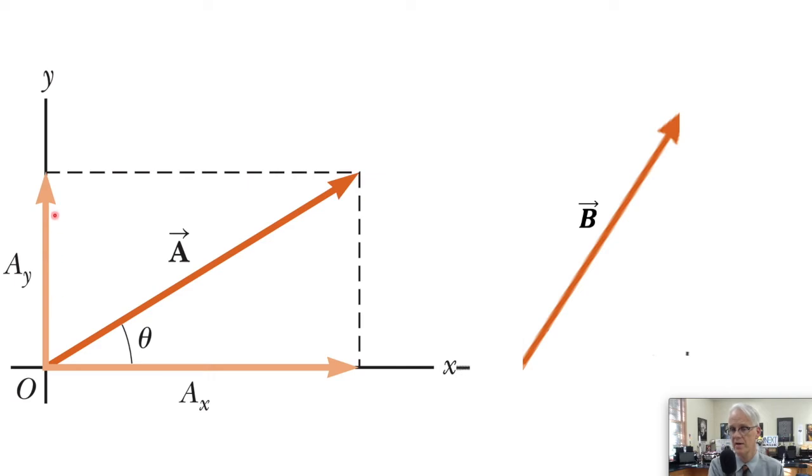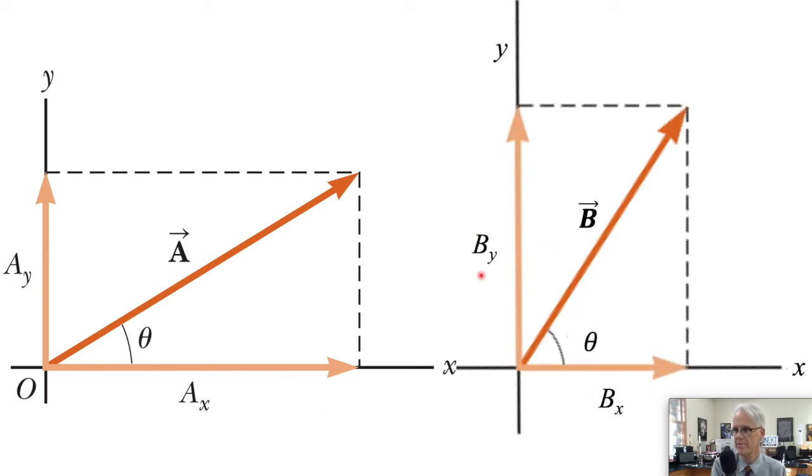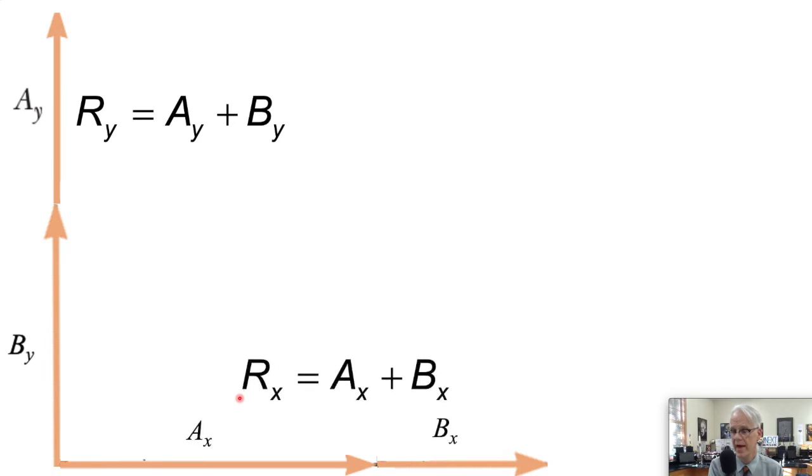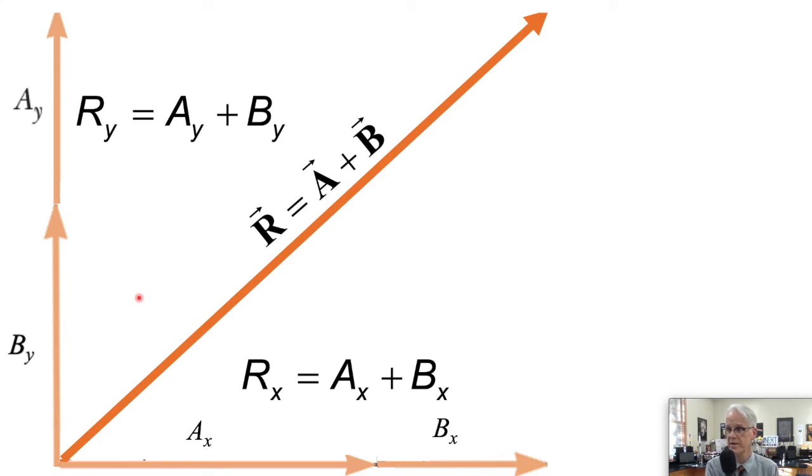Here's the y component of A and the x component of A. For B, here's the y component of B and the x component of B. We add the two components, the y component of A and the y component of B, and then we add the x component of A plus the x component of B. And we get now the resultant's x component and the resultant's y component. We can then draw the resultant vector.